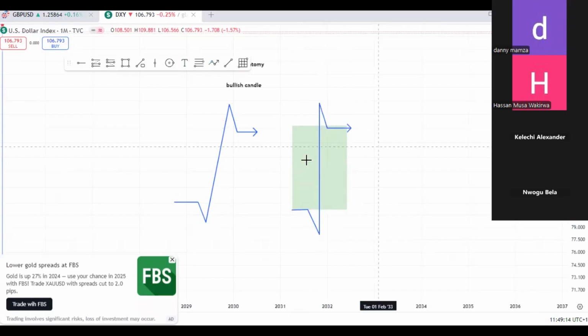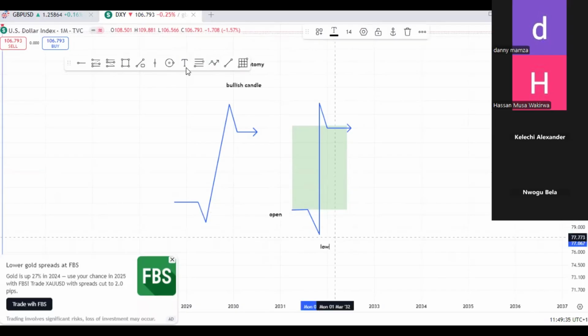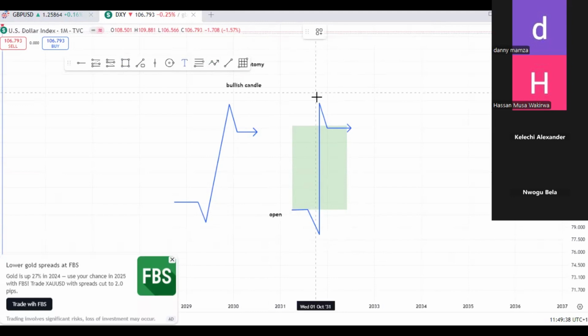Okay, so if I'm going to label this candle now for a bull candle or a buy candle, it's going to be like this. This is the open price. This is the low here, the low of the candle. This is the high of the candle.